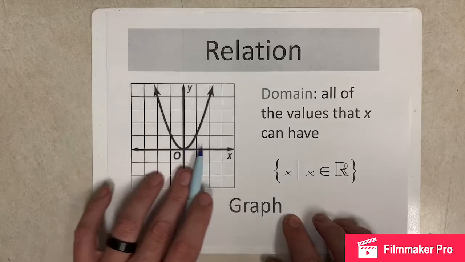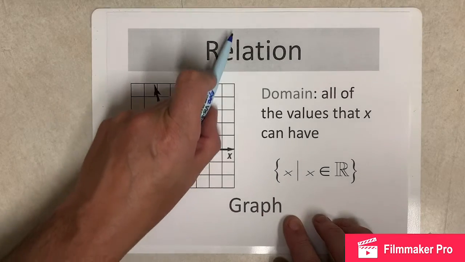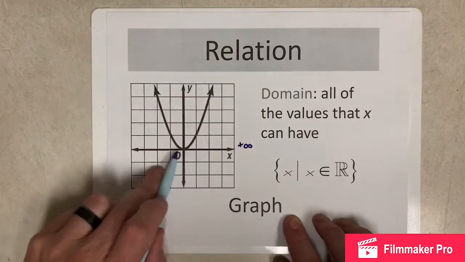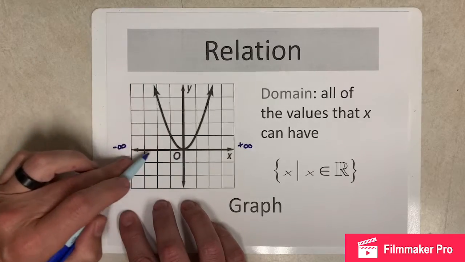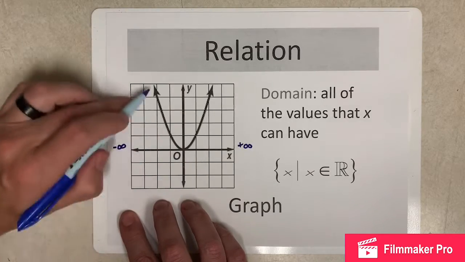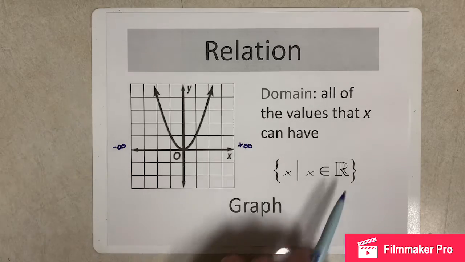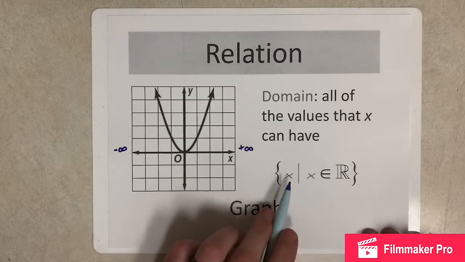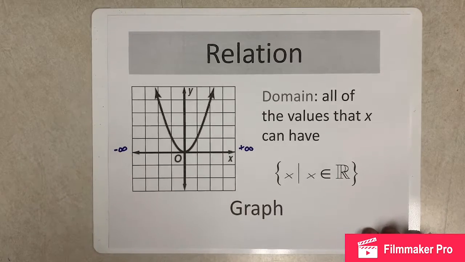It's going to keep on going this way forever because this is going up and over all the way to infinity and all the way back to -infinity. As x gets smaller, you're always going to have a y value associated with it. So we say that the domain for this particular one is all real numbers. And so this right here just means all numbers x such that x is a real number for the domain.